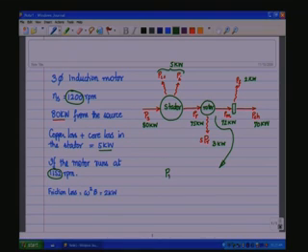See, PR is the power that goes into the rotor, and there is of course some amount of power that goes off due to the I square R losses. So what is the mechanical power is PM.